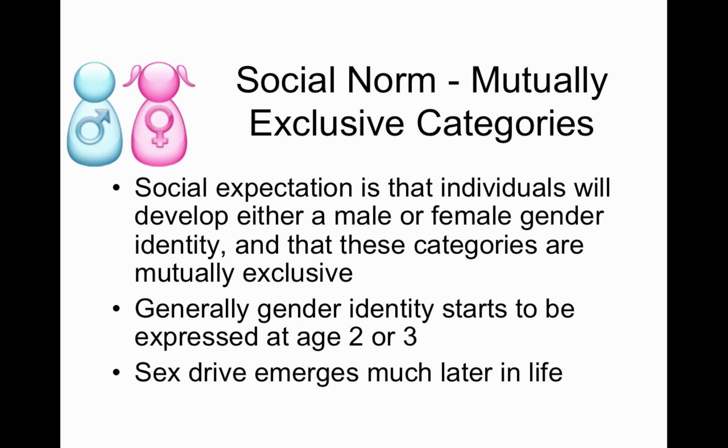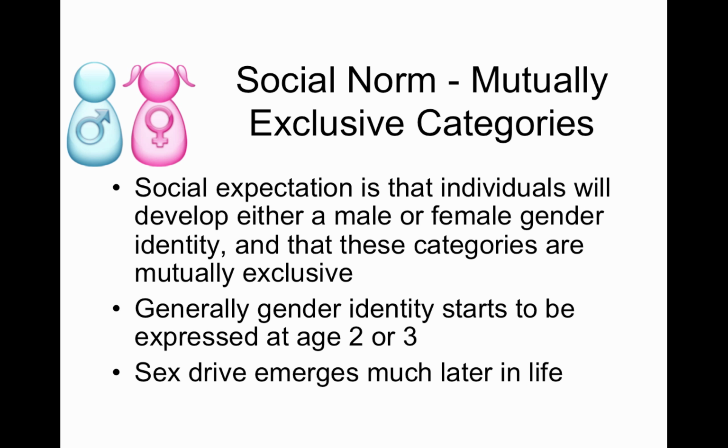But in general, we tend to think about sex as these two mutually exclusive categories. The social expectation is that the individual is going to have either a male or a female gender identity that matches their sex. So the norm or the expectation by society is that gender identity and biological sex should match.